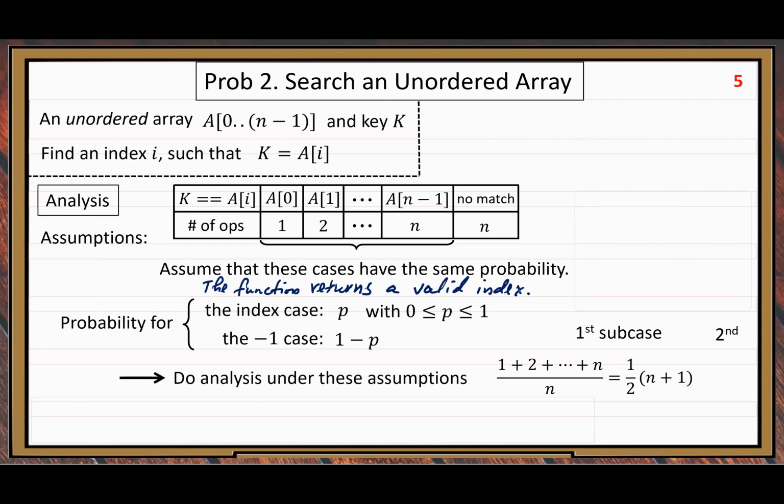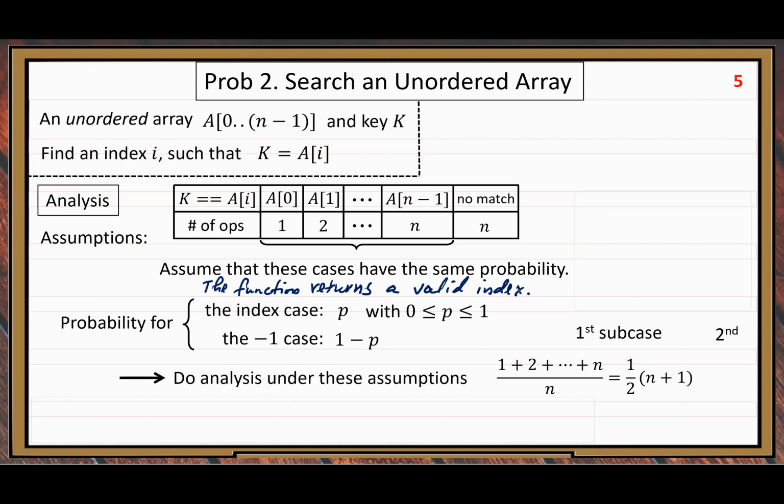For the first subcase, because we assume these n cases have equal probability, when we take the average we just do the ordinary average. We add all the numbers up, then divide by the total number of cases, n.